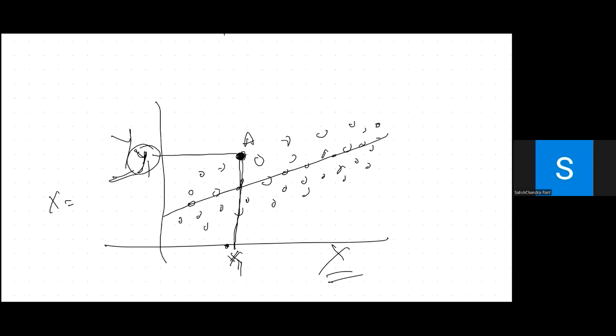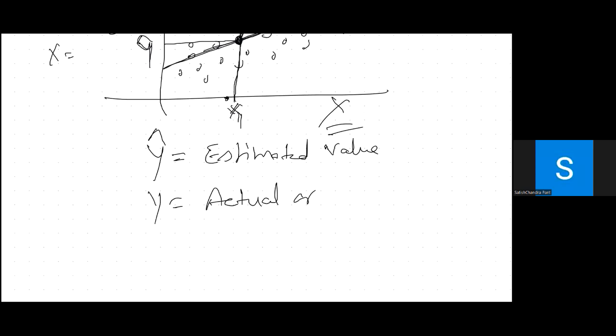However, the estimated value which is drawn by this trend line is telling you a different story of y, and this estimated y is represented as y hat. So y hat equals the estimated value of output, however y equals the actual or real value.